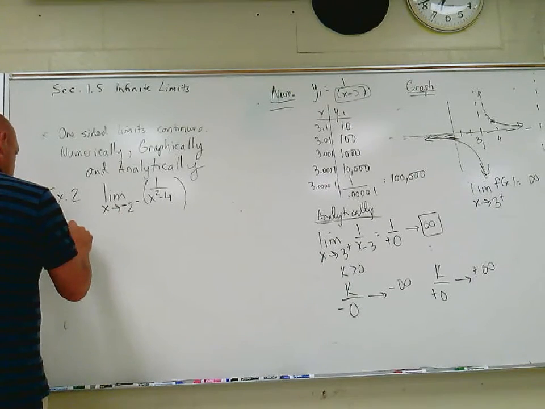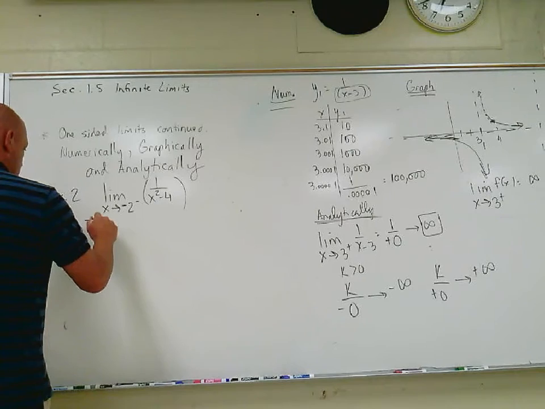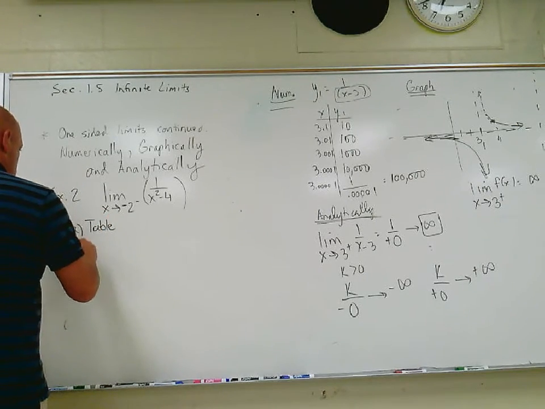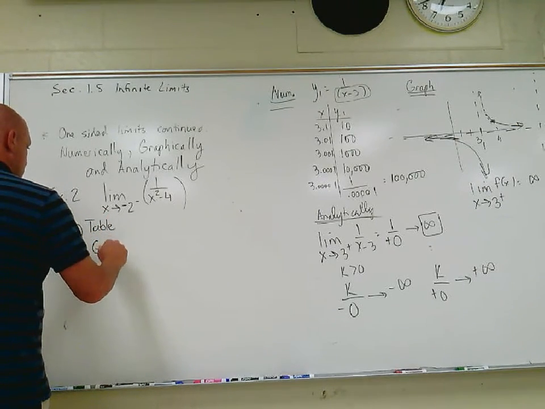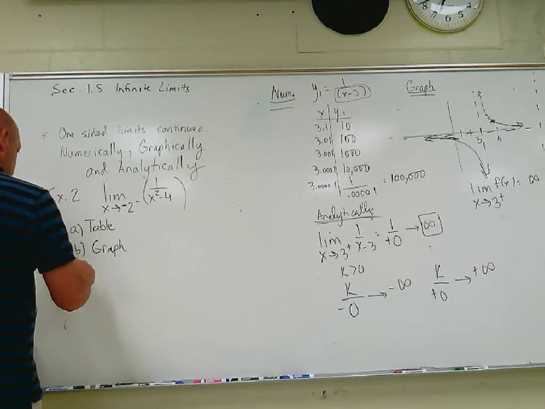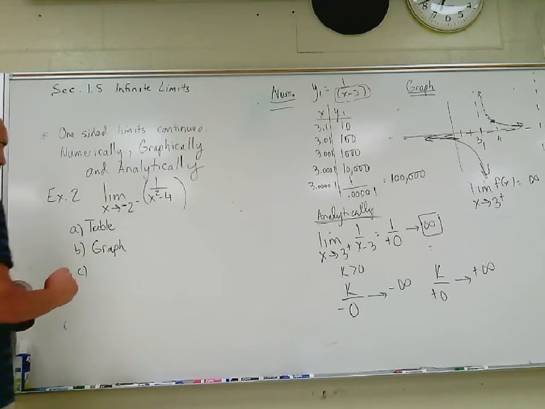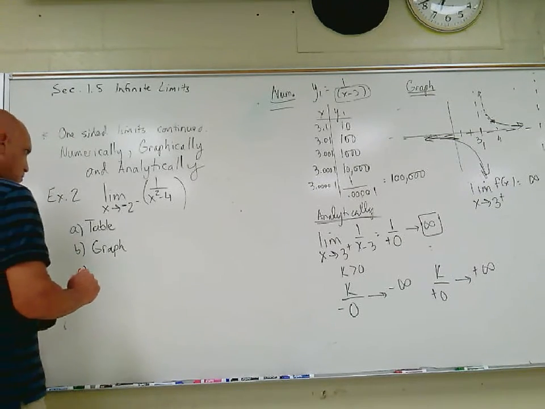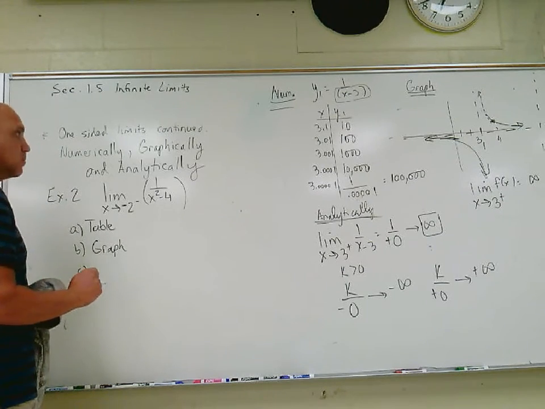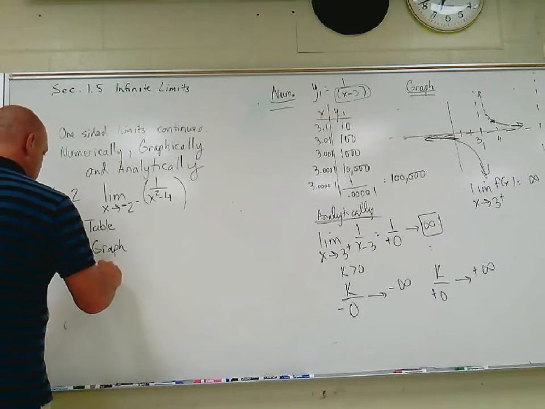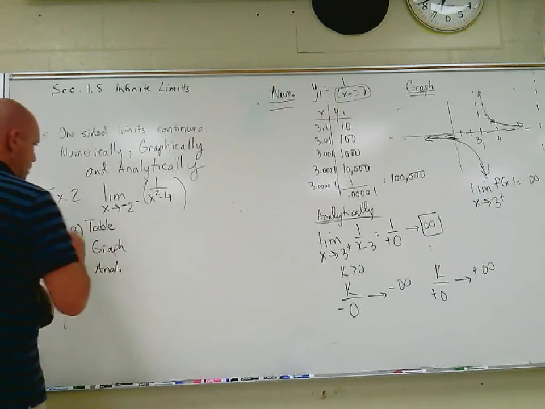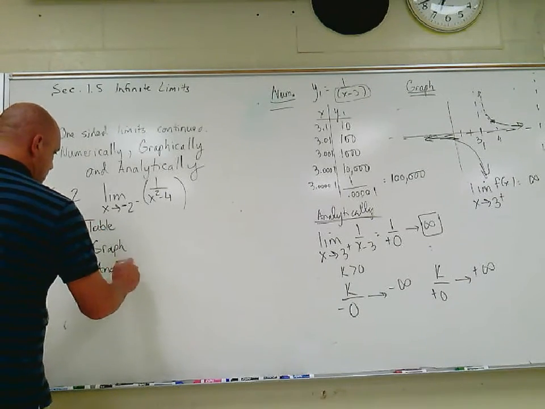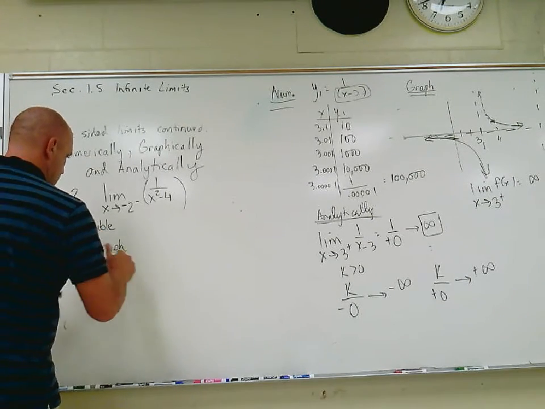And let's do this. So try it with your table. All right, then try it with a graph, if you can look at the graph. And then try it and see if you can figure it out. How could we figure it out without any of those?